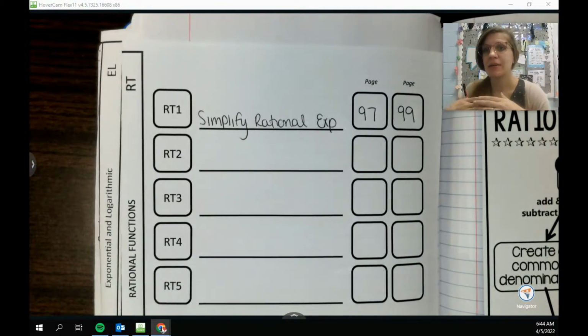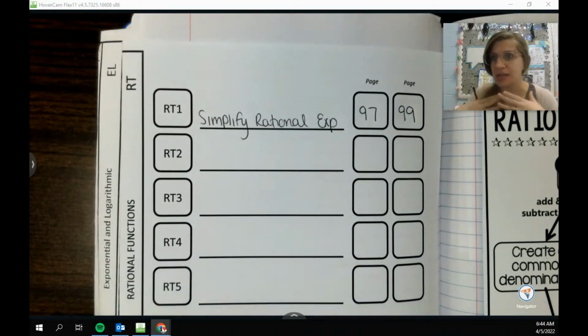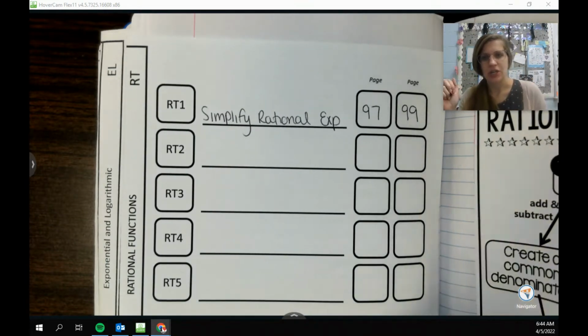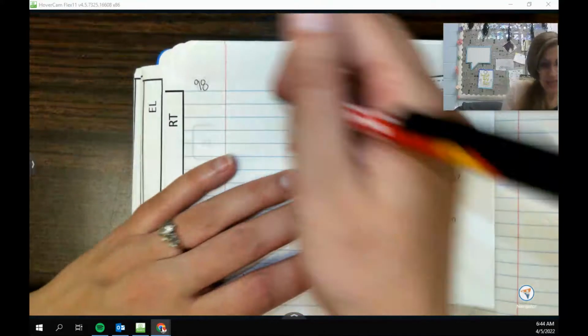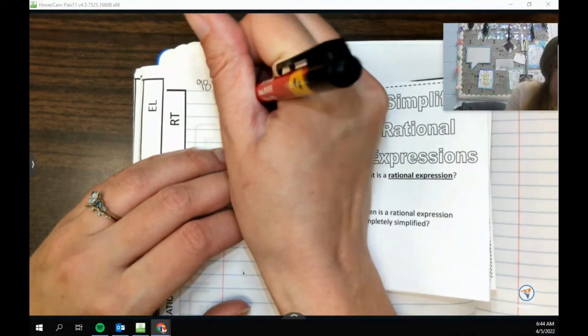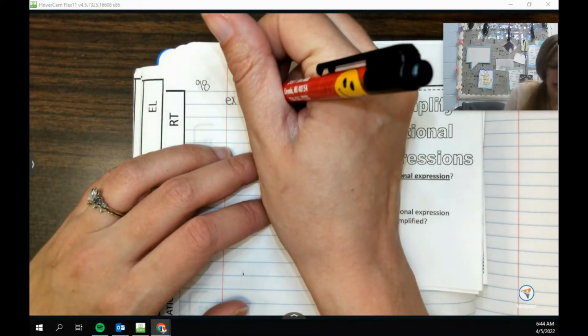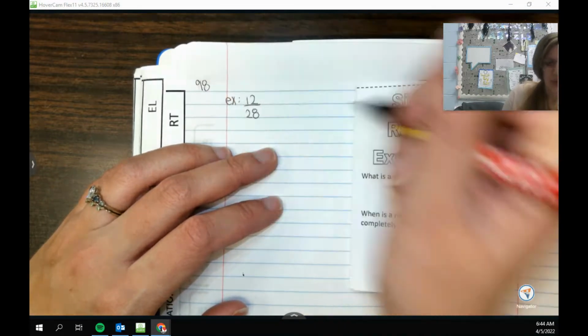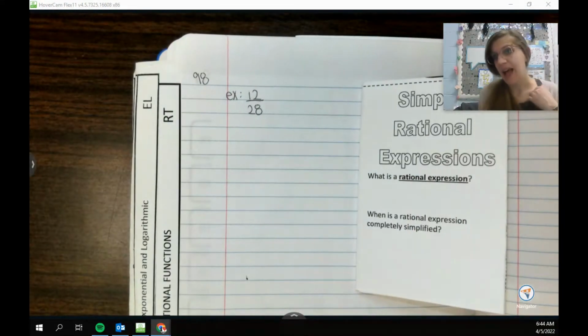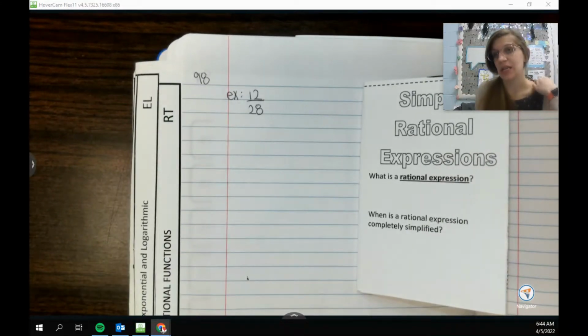Now, when we talk about simplifying fractions, very basically, I might be dealing with one single fraction. So let's turn to page 98. A really easy example of simplifying a fraction is, let's say I had something like 12 divided by 28. Now I could leave it like that. However, mathematicians like to simplify things if possible.